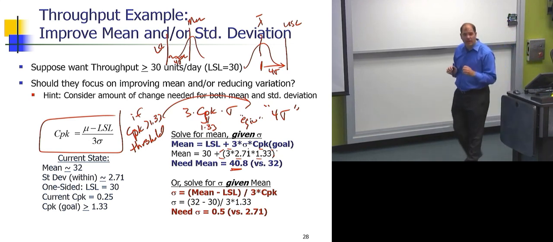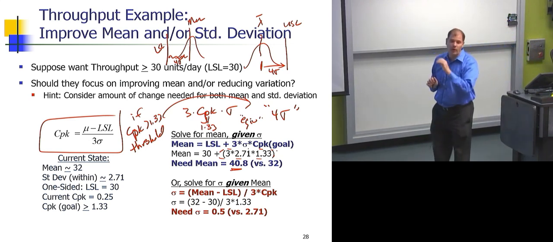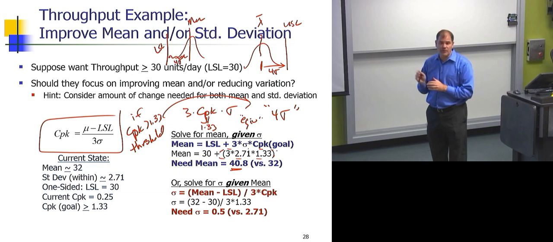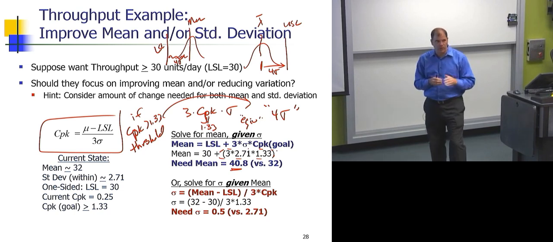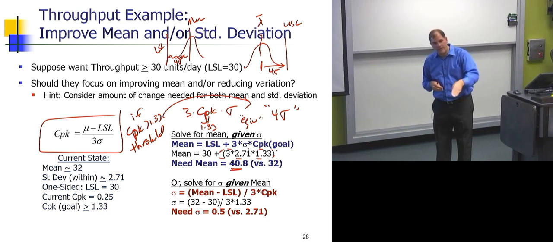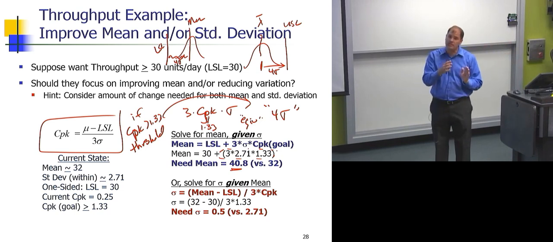If I had a CPK threshold of 1.5, then 1.5 times 3 would be 4.5 sigmas. So to get a CPK of 1.5, I would need a distance of 4.5 sigma between my mean and my spec limit. This is important. What I'm trying to do here is say I'm always going to have variation. I want my variation in the tail of the distribution to come down and still be in spec.